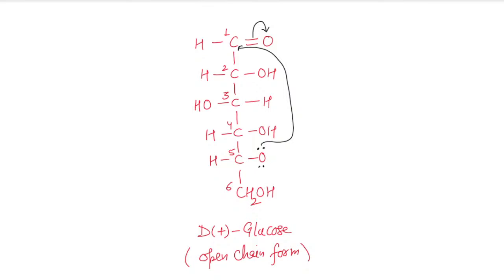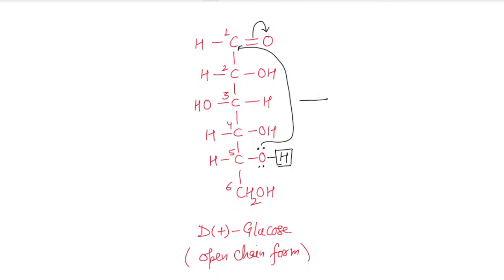So when this lone pair is given to this carbon, this oxygen gets positive charge, and because of that this H as a positive ion is removed from here and attached to the oxygen which is negatively charged, because of the transfer of pi electrons, and we get OH even on the first carbon.